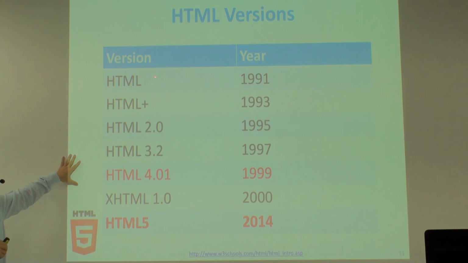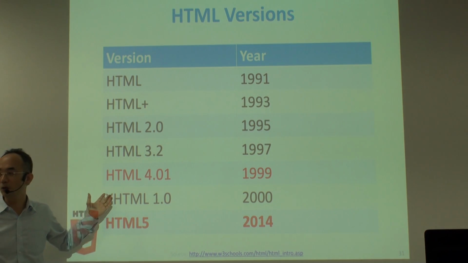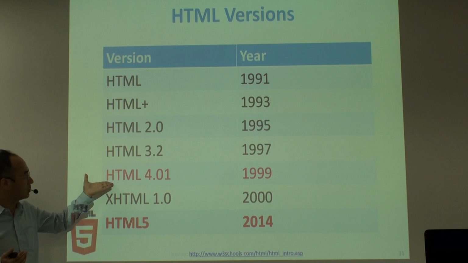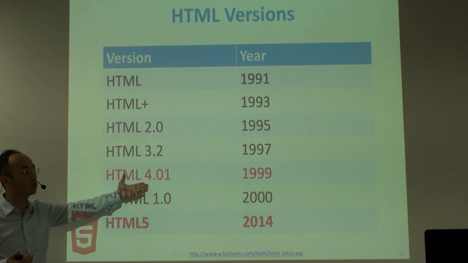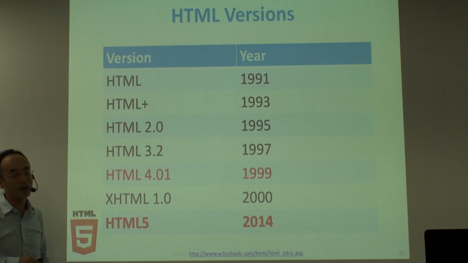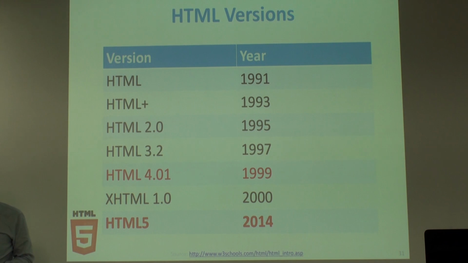Here are the HTML5 versions. Traditionally, you will notice that we used HTML 4.01, from the year 1999. However, starting from 2014, we will be using HTML5 because HTML5 is powerful, especially designed for cross-platform applications.